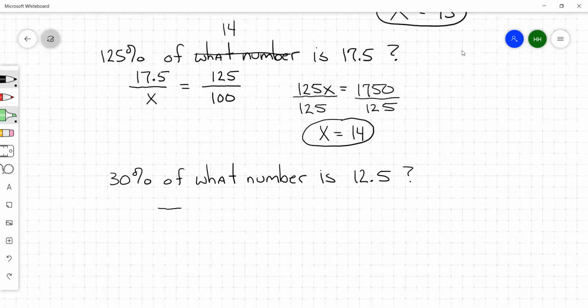Set up your template. 30% is your percent.